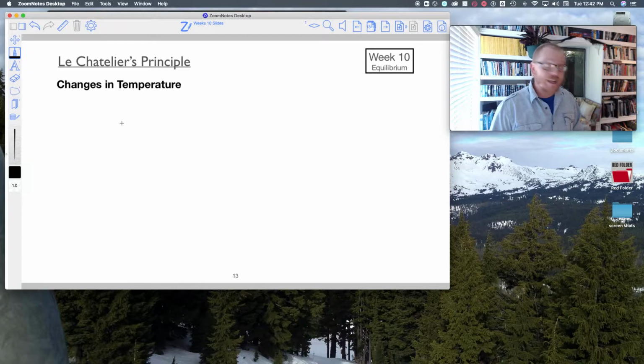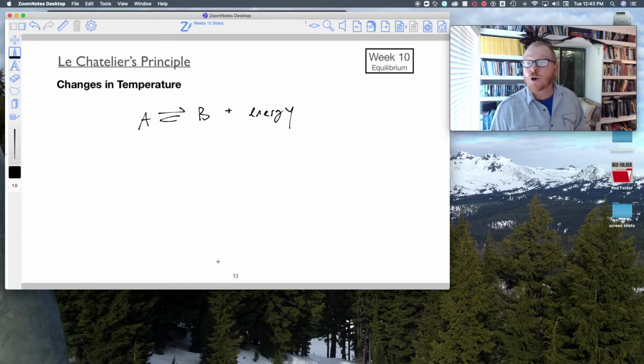And so again, what we establish here is the dependence of these spontaneous reactions on temperature, okay? And so, for example, if I have an exothermic reaction, as indicated right here, if I increase the temperature, it's like I'm adding more products, right?